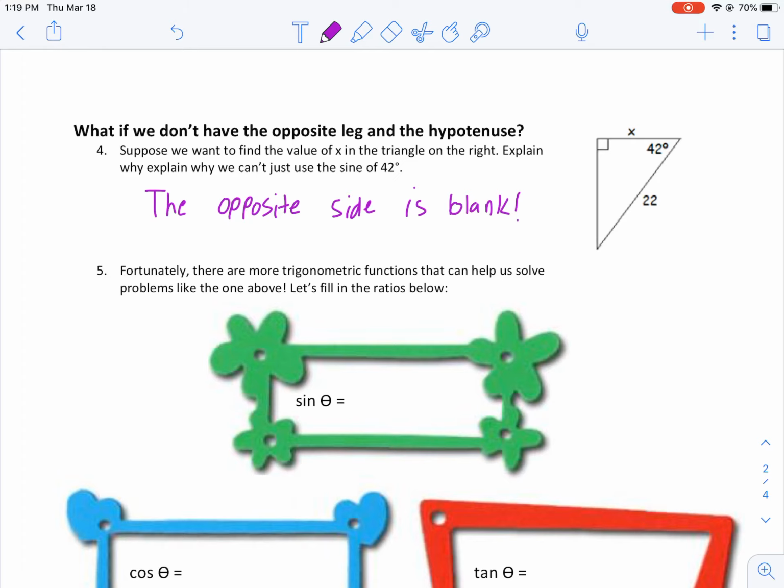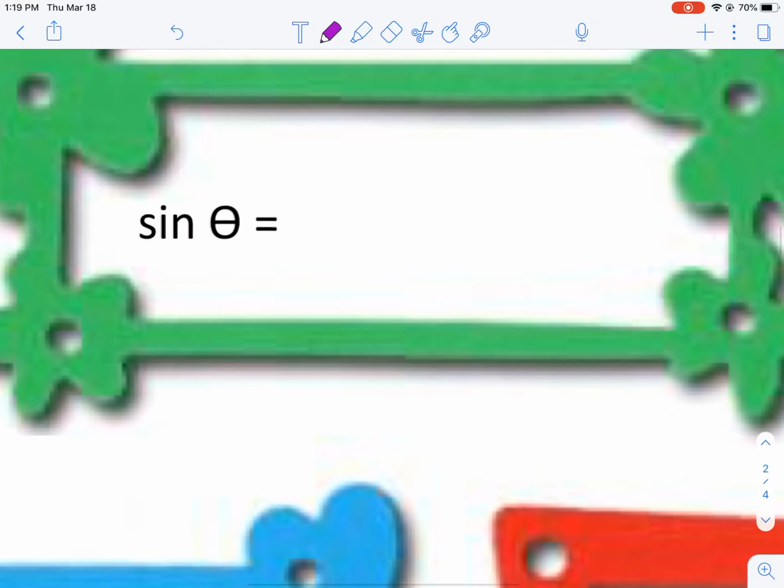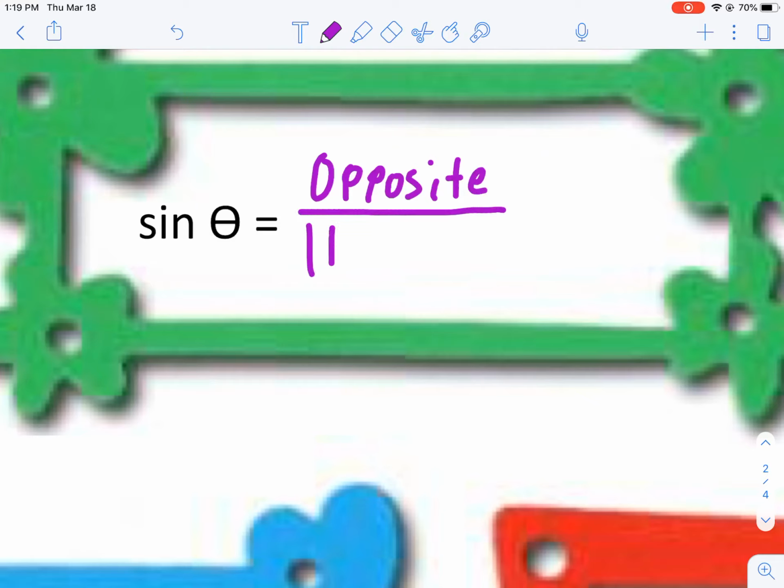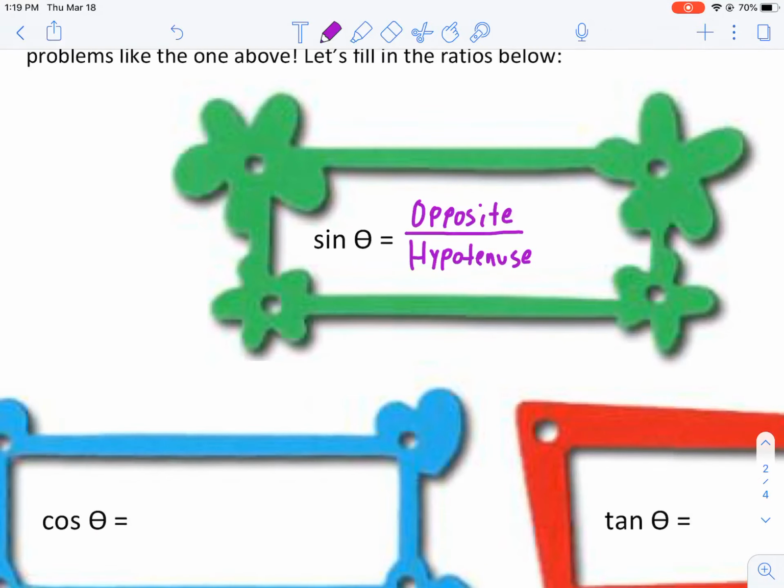And we're actually going to go over 3 trig functions here. So we got sine. Like I just said, sine is opposite over hypotenuse. And this is referring to side lengths. I'll kind of explain this below.